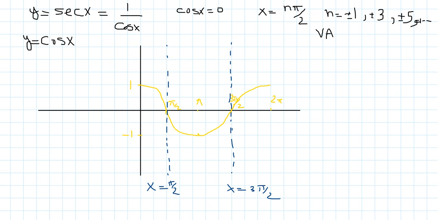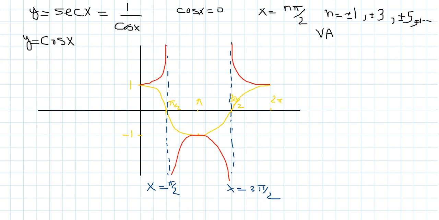I only need to reverse the cosine graph here and here, and this is the graph of secant x between 0 and 2 pi.